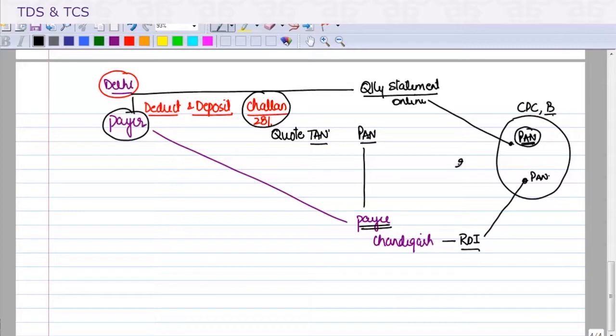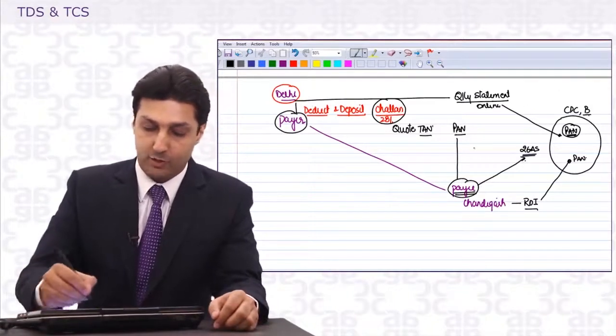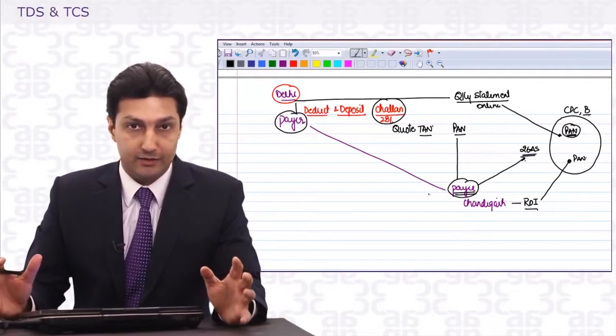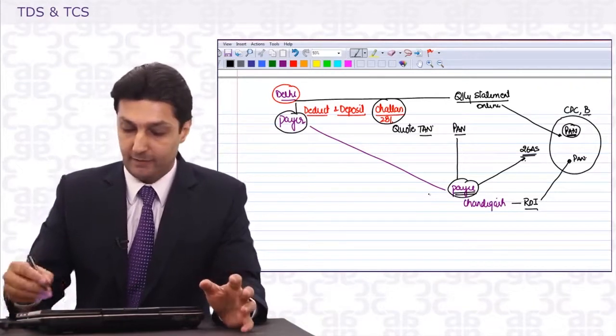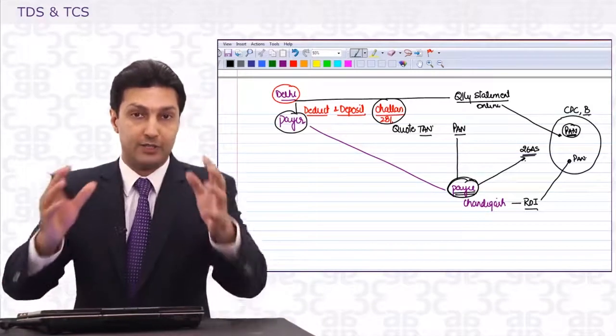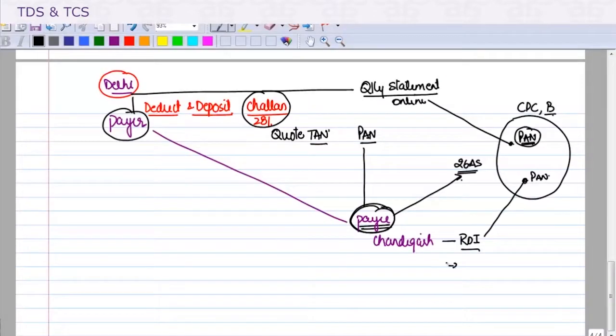We all know that a statement in form 26AS is generated by the end of the year, which the payee can go and check as to how much TDS has been deducted and deposited by as many payers who are making payment to him. Now that statement or certificate gives the assurance to the payee of how much tax has been deducted, which he can claim as a credit when he files the return.